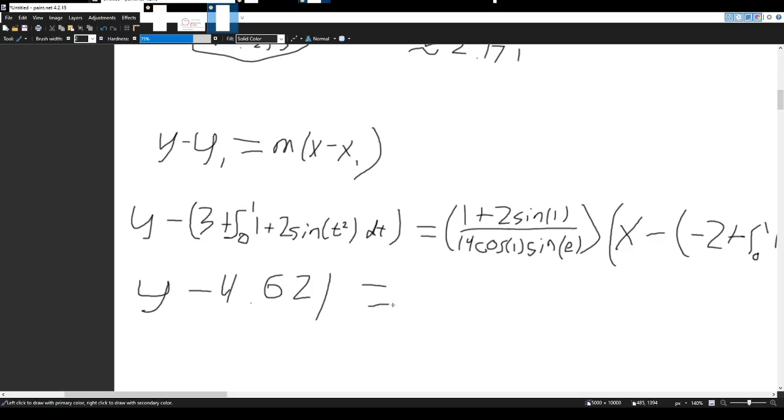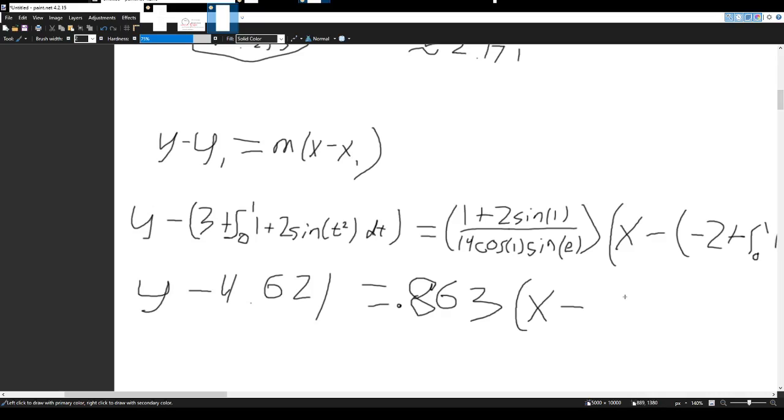Equals 1 plus 2 sin 1 divided by 14 cos 1 times sin e. That comes out to about 0.863 times x minus, what's this one?